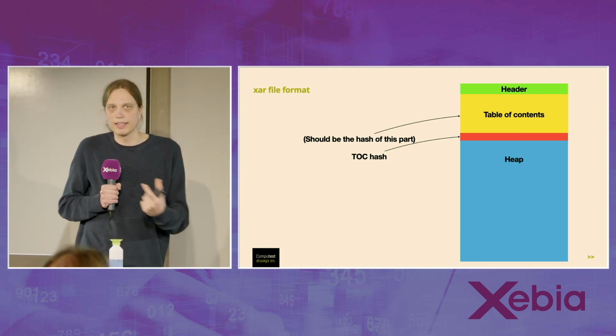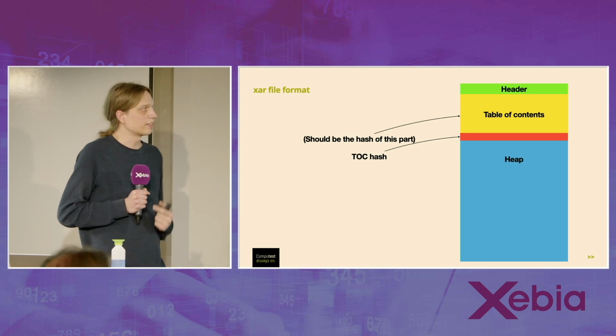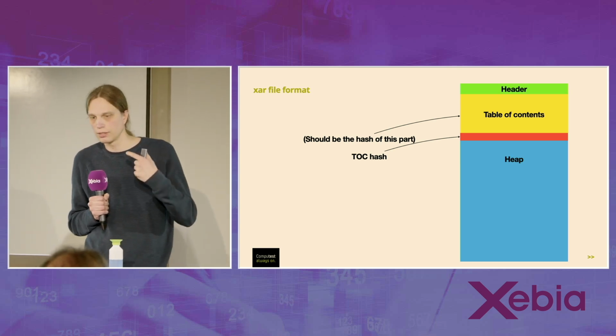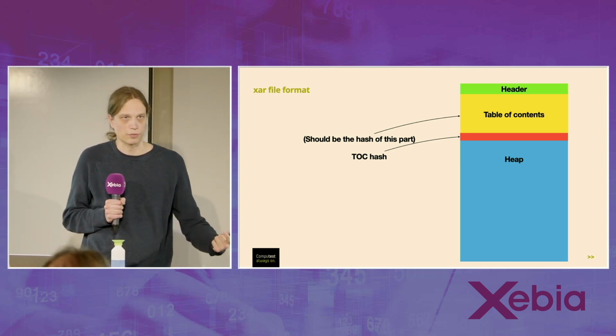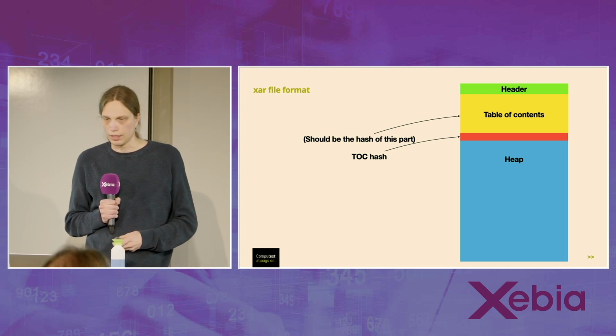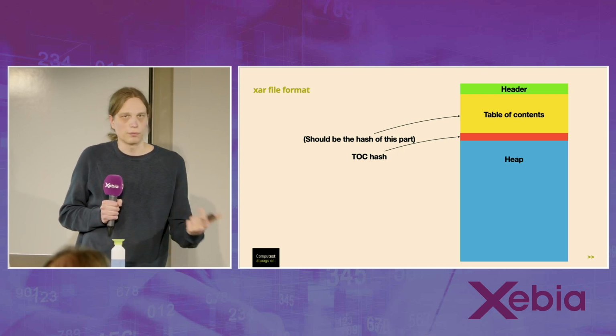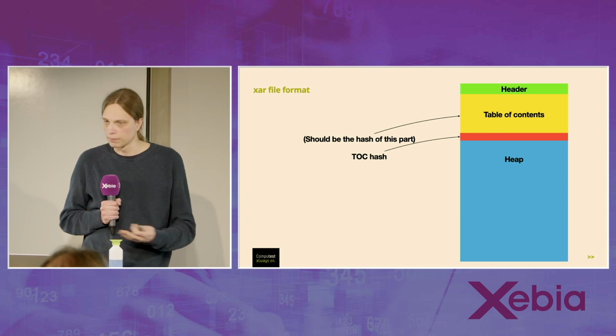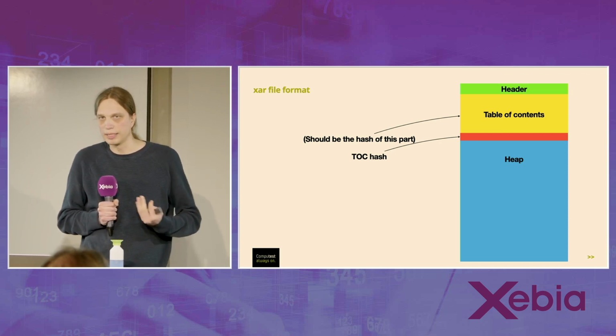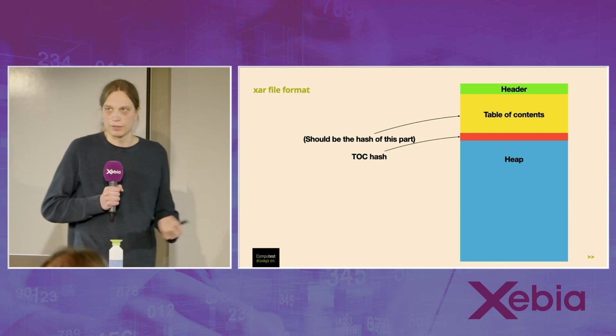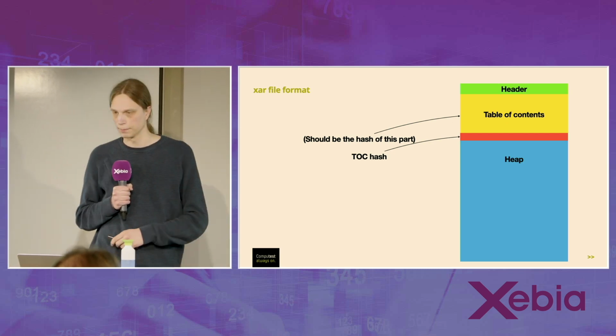That means that if anything had happened to the file, you can tell based on either the hash of the table of contents or the hash of the file. You can even extract the other files even if one of the files has gone corrupted. So it's pretty well designed to be safe even if your archive gets corrupted in the future.